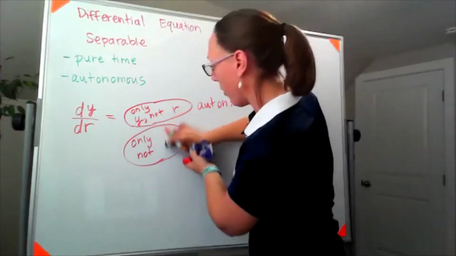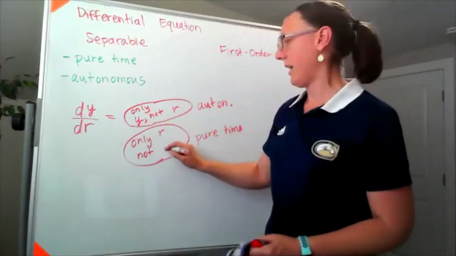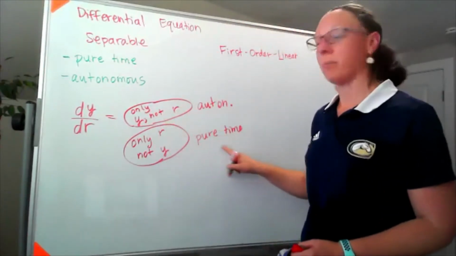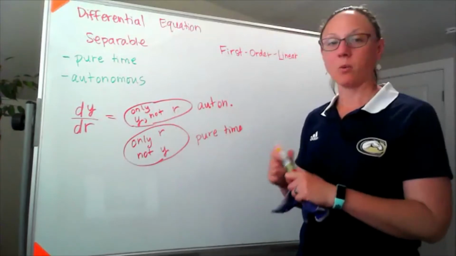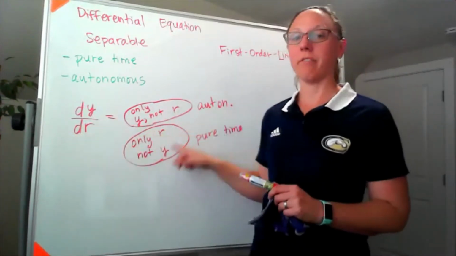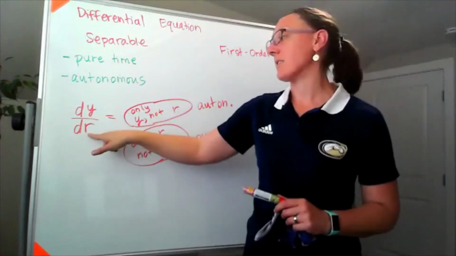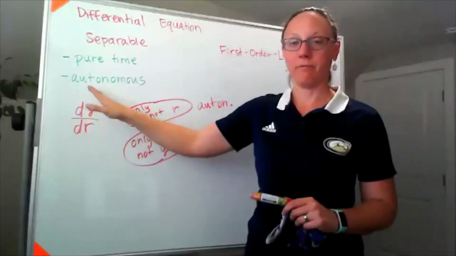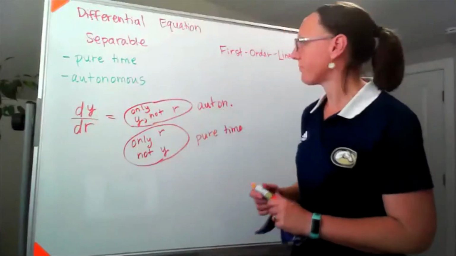And if it included only r and not y, we would call it pure time. So we call it pure time even if the variable isn't t, if the only variable involved is whatever's in the denominator of our differential piece.